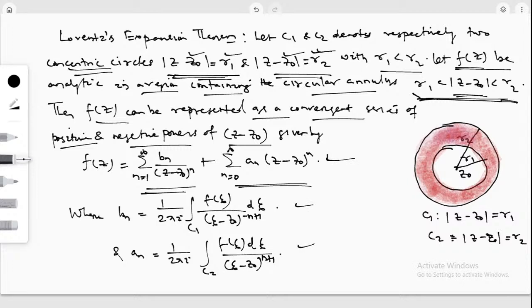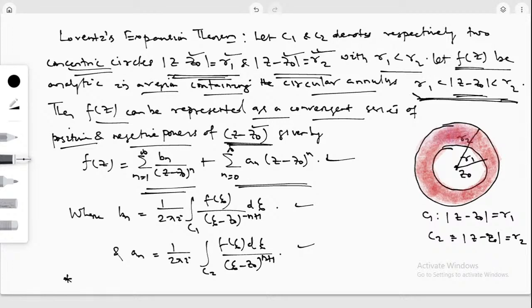You may note that in the Taylor series expansion, where the expansion takes place at z naught, the function f of z is analytic. But here f of z is not analytic at z naught.